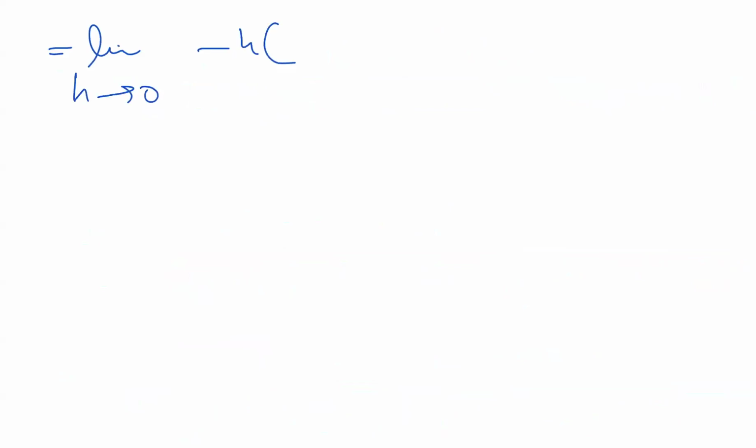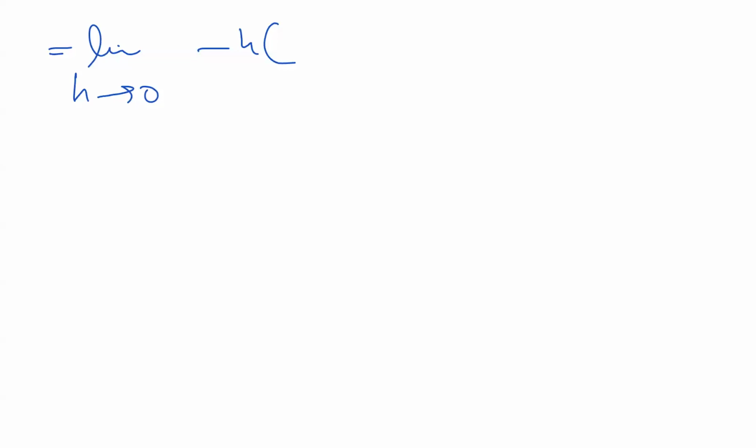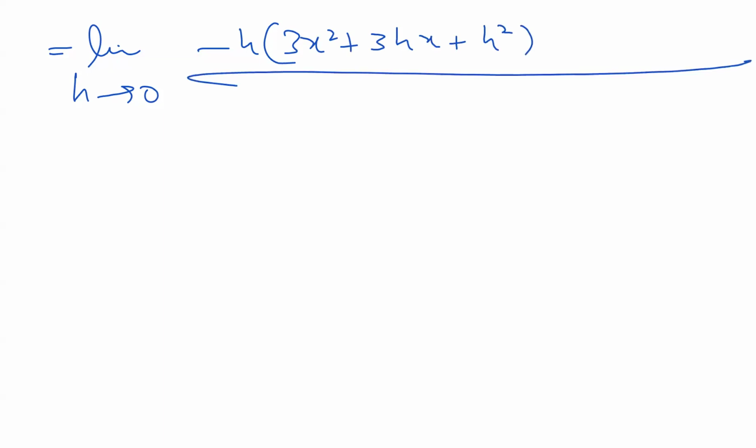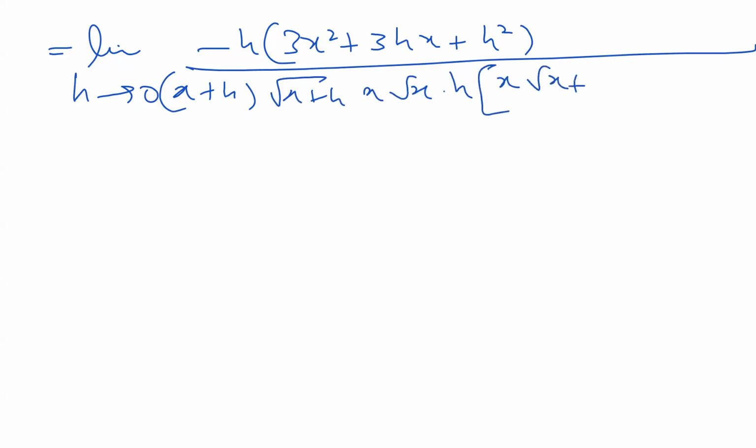Minus h into 3x square plus 3hx plus h square, upon the bigger term, x plus h root x plus h, x root x h, x root x plus h into root x plus h.